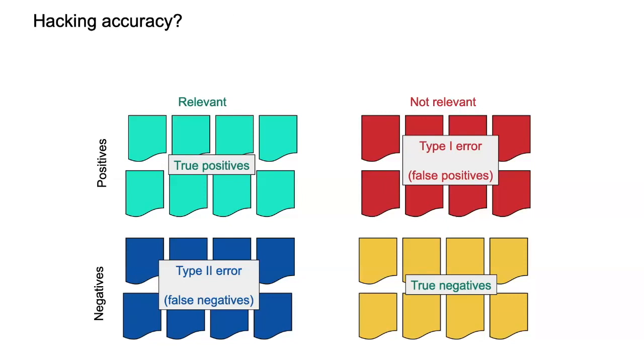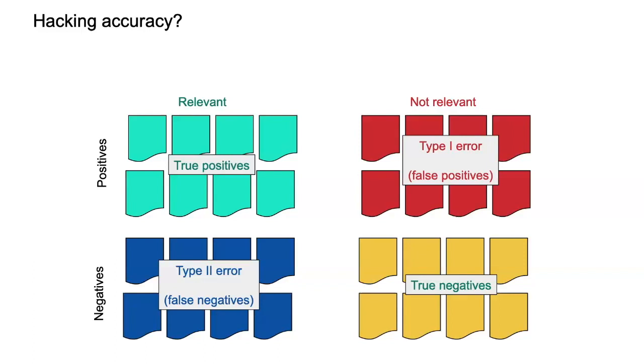Okay. Now, if you took a machine learning lecture, somebody probably explained to you that accuracy is not a good way of measuring a system, right? The reason why is that you can actually cheat or hack it.